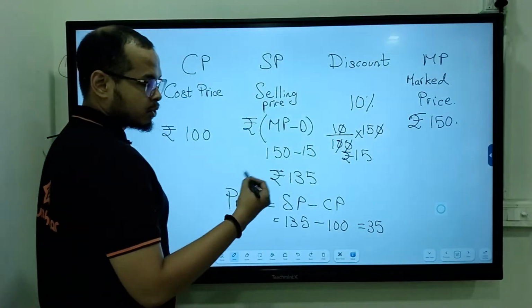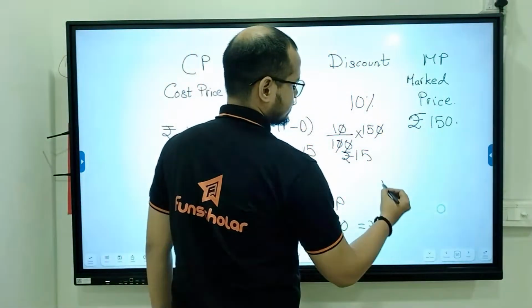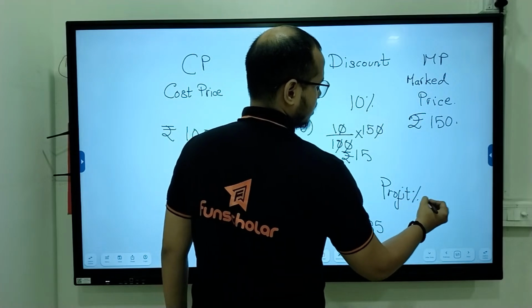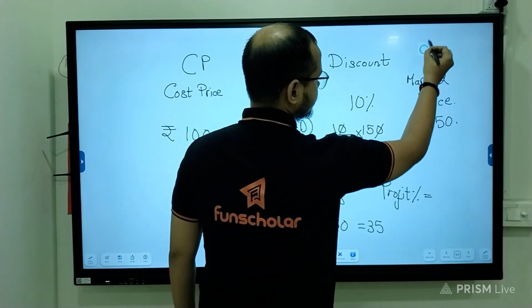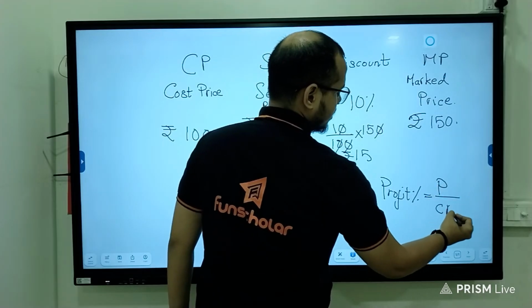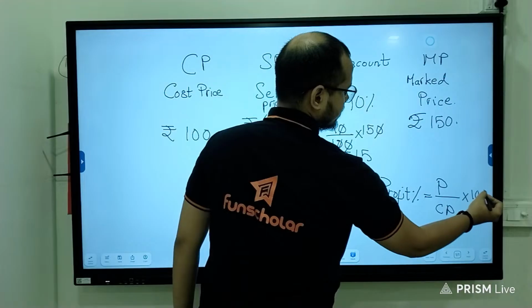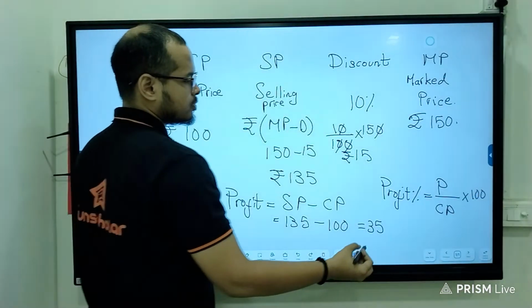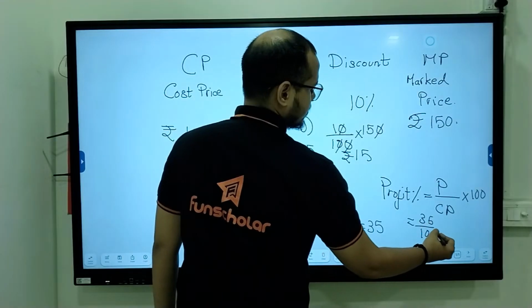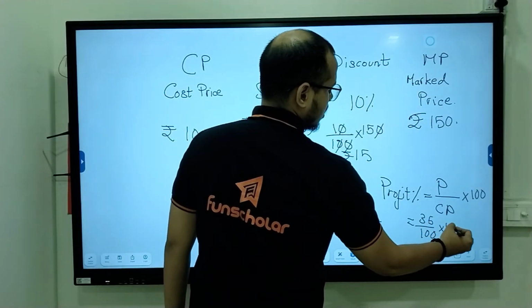Now if I want to find the profit percent, profit percent is equal to profit divided by CP into 100. Okay, now let's put the values here. Profit is 35, CP is 100, into 100%.